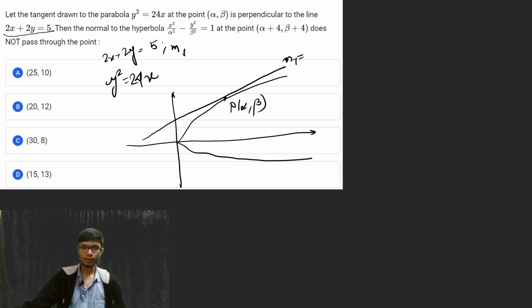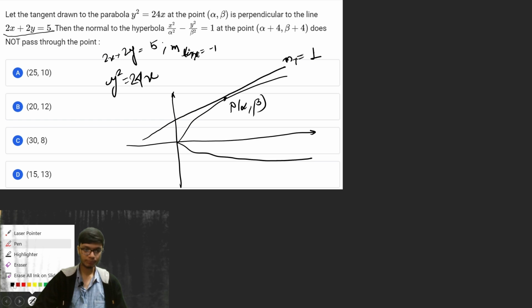From here you can see that the slope of the line is minus 1. So if the slope of the line is minus 1, then the slope of the tangent will be equal to 1.